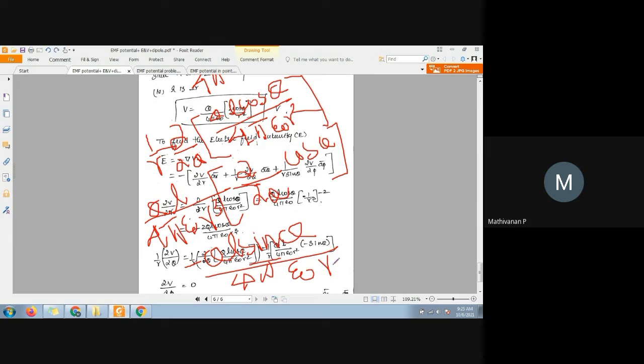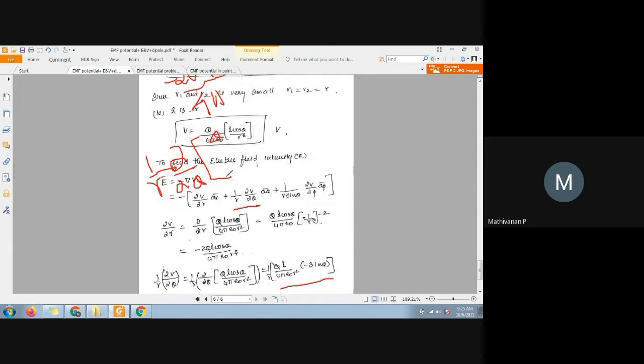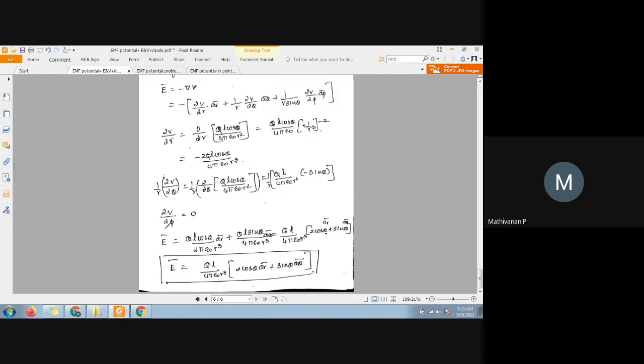I have written the same thing, so you can find it here. Finally with respect to phi. Is there any term with respect to phi in this V? No, sir. If you differentiate a constant, what will be the answer? 0. So that is what I have written directly.